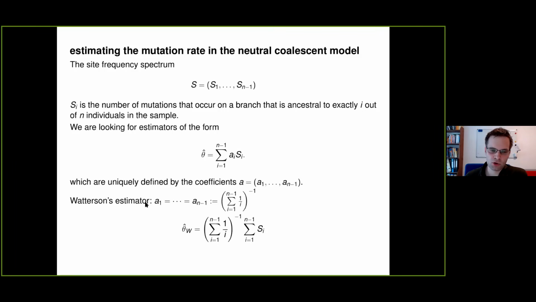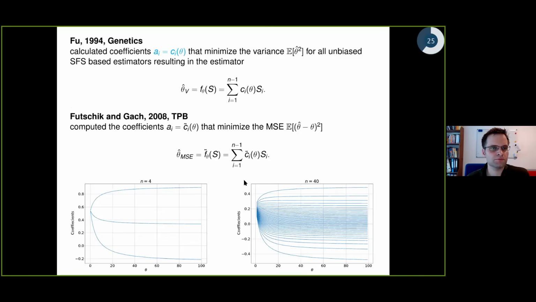So one example is Watterson's estimator, which just sets every a_i to the same value, which is 1 divided by the expected length of the tree, and then you basically take the total number of mutations and divide it by the expected length of such a tree, which gives you this estimator. And in this scenario, Fu 1994 computed the coefficients that minimize the variance for all unbiased estimators based on the site frequency spectrum.